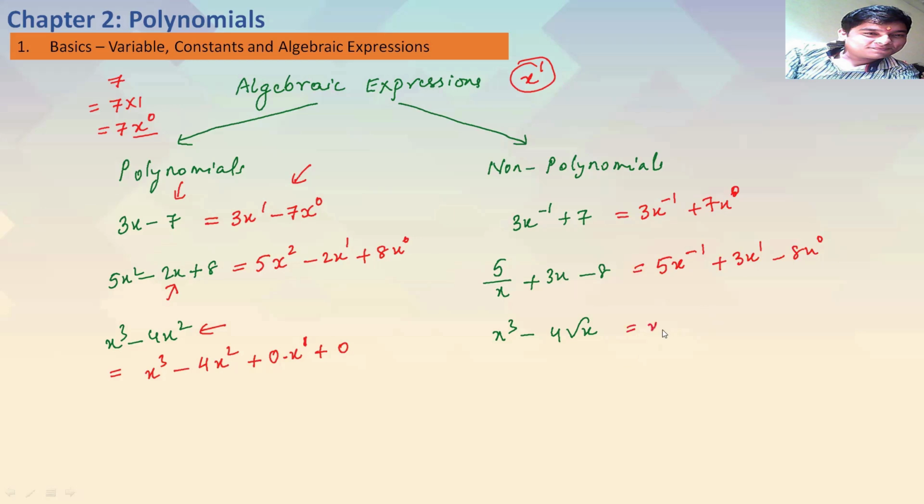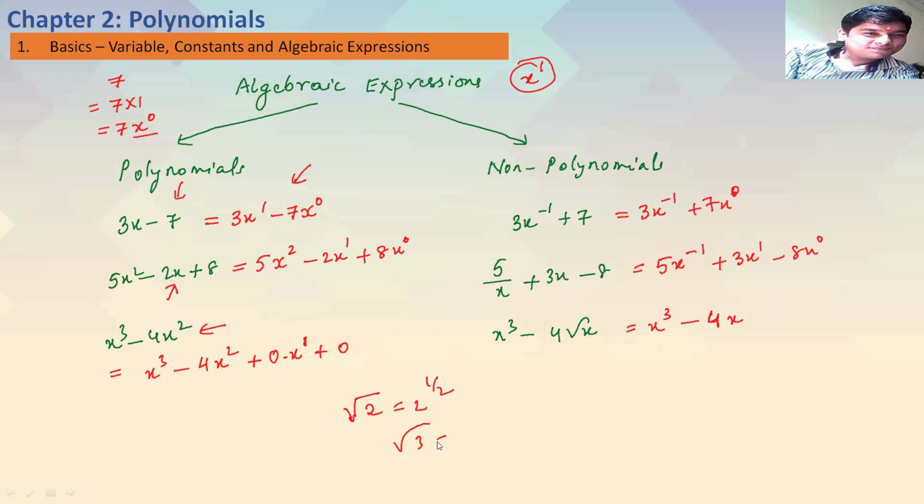x cube minus 4 by x power? x power... Uh, 0. No. In the chapter of real numbers, I told you square root of 2 means 2 power half.